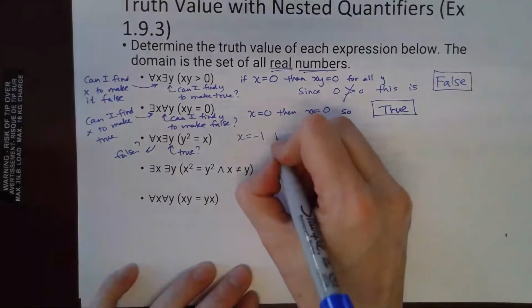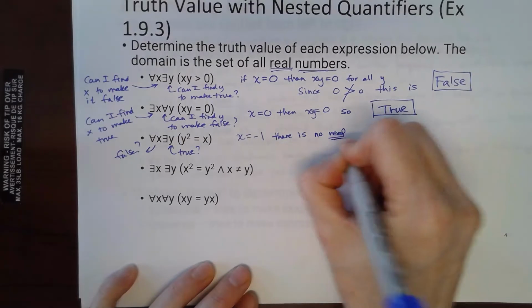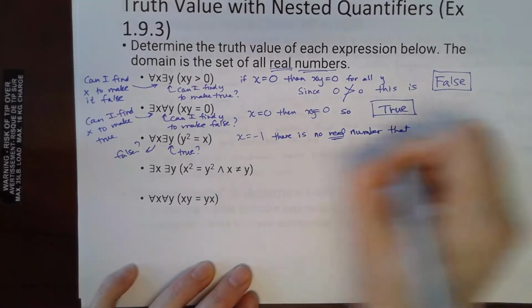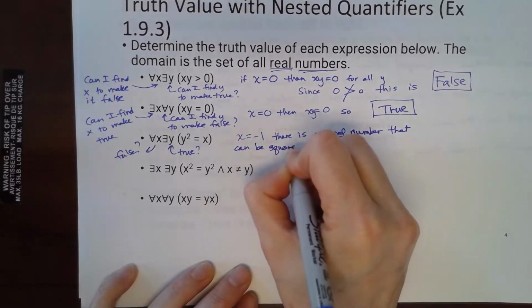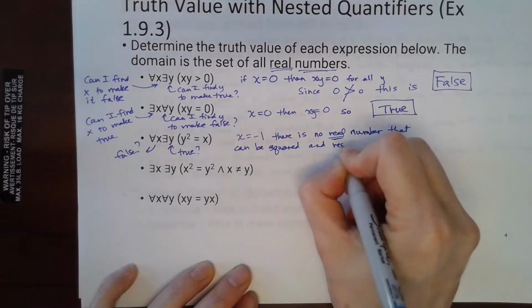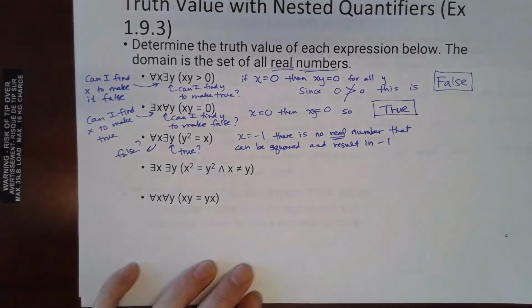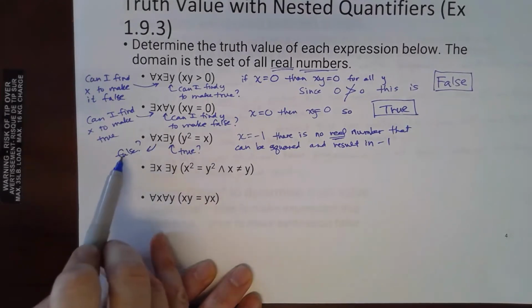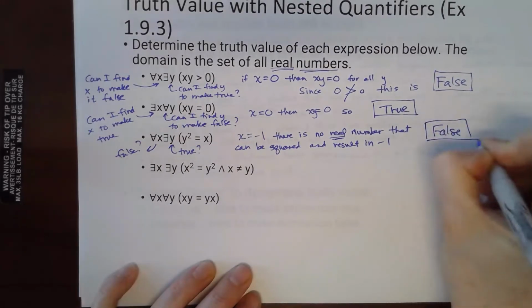So there is no real number that can be squared and result in -1. And so I was able to choose an X value and make this false. So this is false. X wins again.